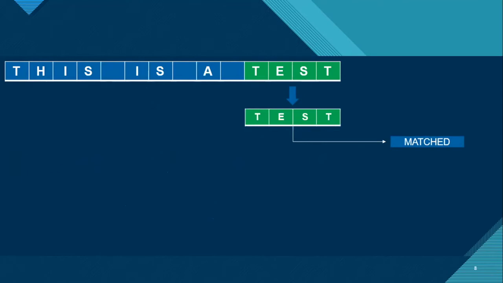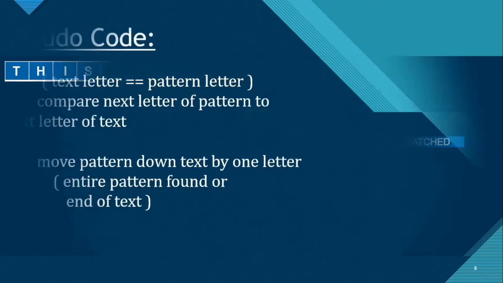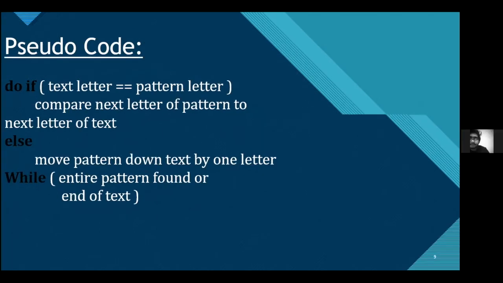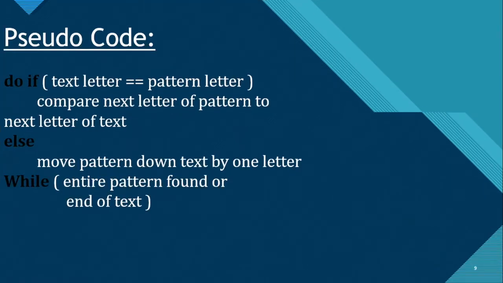So the main aim of this brute force algorithm is to match the given pattern with the given text. So here is the pseudocode. Do: if text equals pattern, then compare the next letter of the pattern to the next letter of the text.